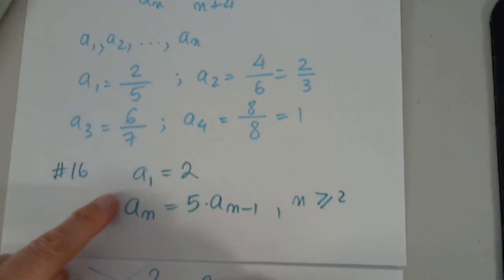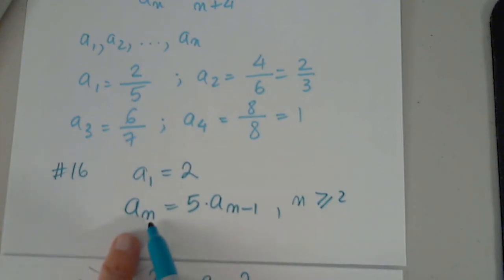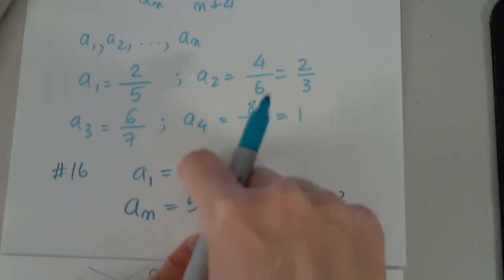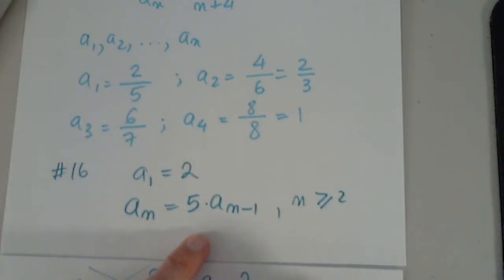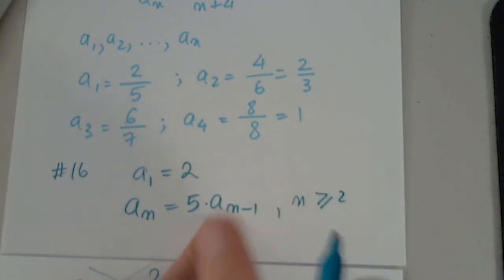So A1 is given to us, so that's our first term. And A sub 2 will be 5 multiplied by A sub 2 minus 1, A sub 1, the previous term. So that's how I get the 10. Now A sub 3 will be 5 multiplied by A sub 2, because 3 minus 1 is 2, the term I just determined in the previous step.